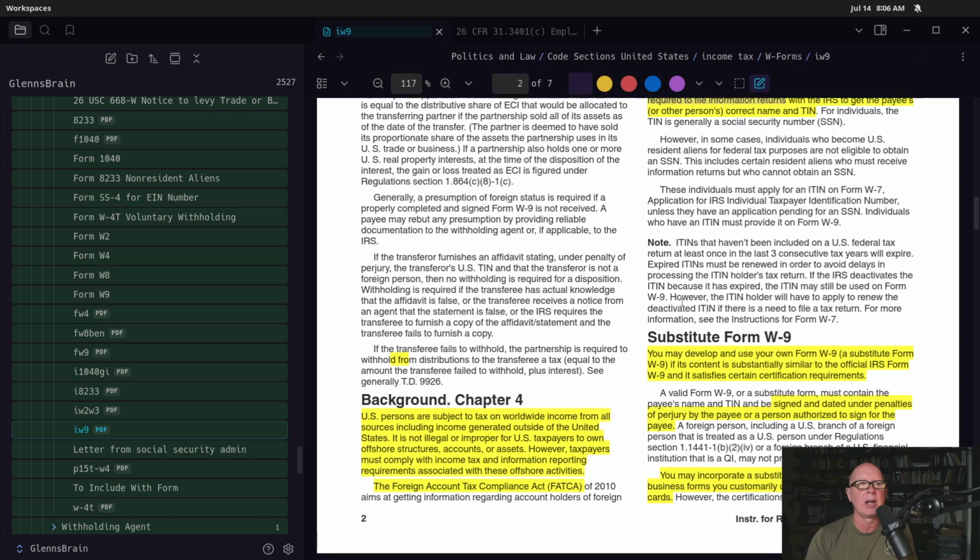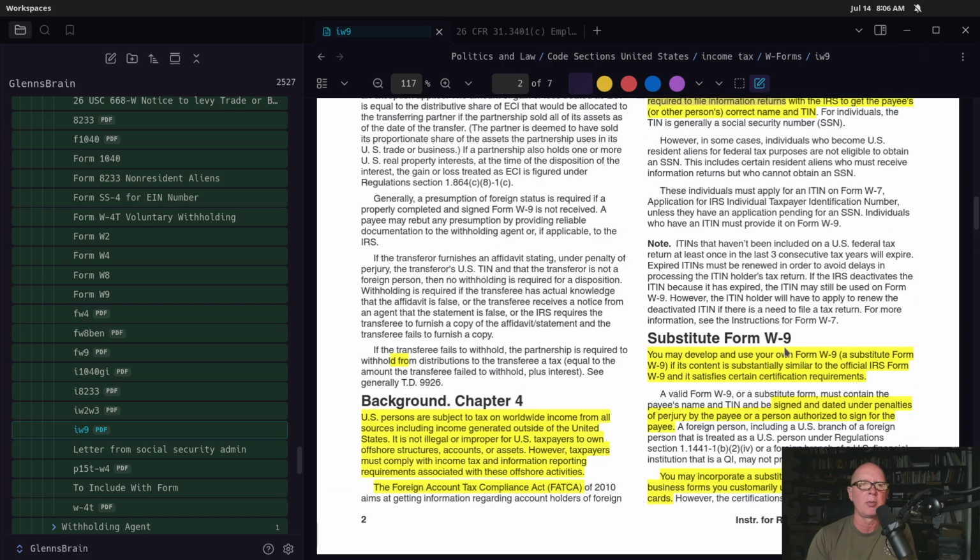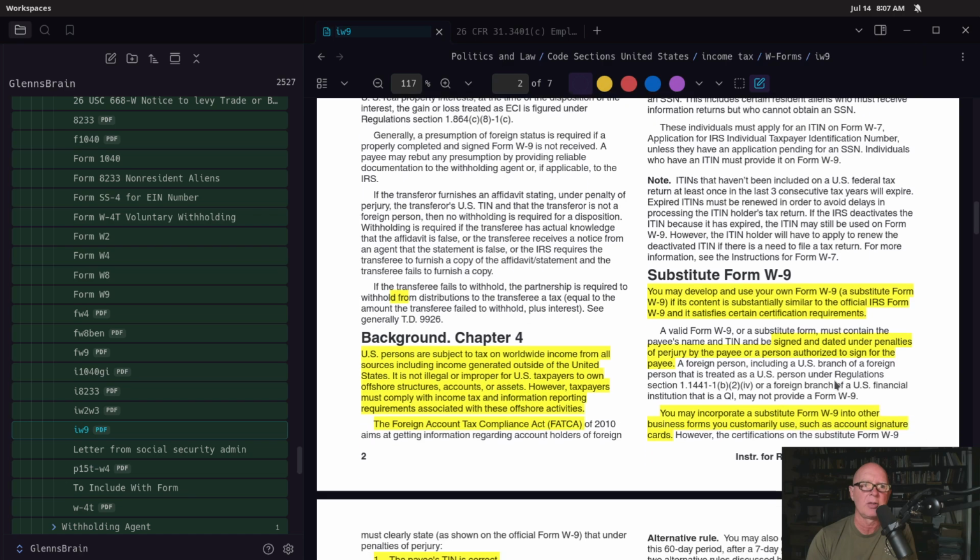I wanted to point out the substitute Form W-9. This is where the bank comes into this, and gets really interesting. So you may develop and use your own W-9, a substitute W-9, if its content is substantially similar to the official IRS Form W-9 and it satisfies certain certification requirements.